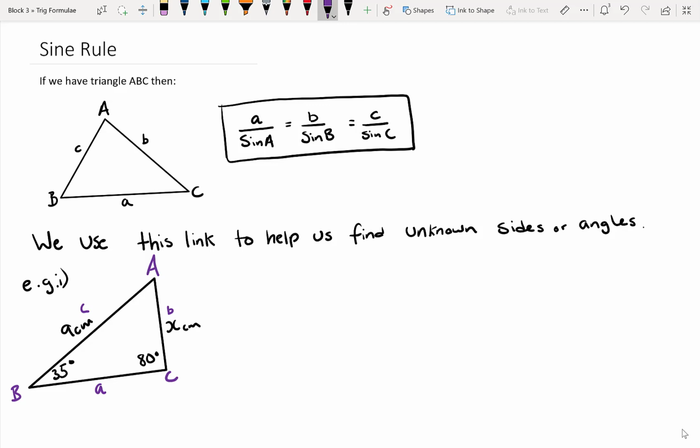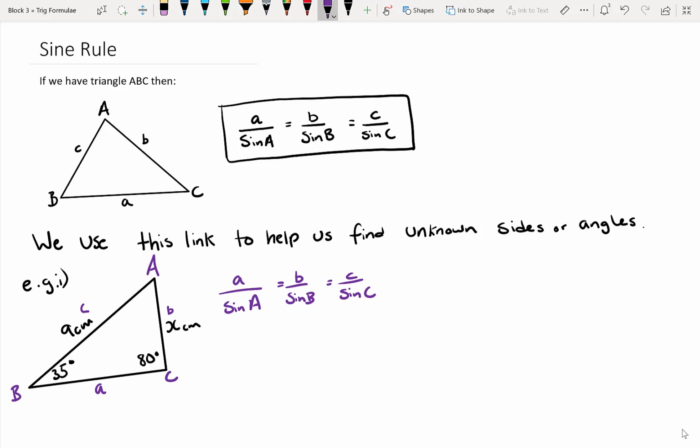The first thing I'm going to do is write out my formula: a over sine A equals b over sine B equals c over sine C. Then I'm going to substitute in what I know. When we're using this formula, we'll give you the three fractions in the formula sheet, but when you come to work it out, you should only need to use two of them.